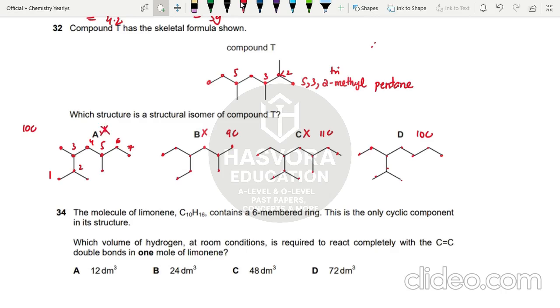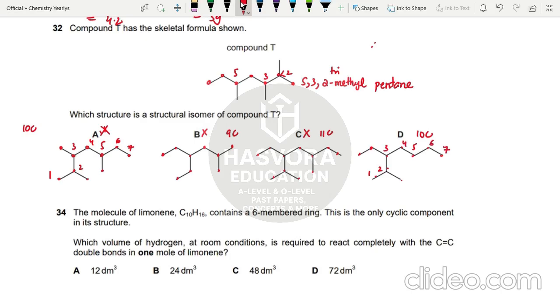Now let's check for the D. It is 1, 2, it has the methyl chain on the second one, then the third one, then the fourth, then the fifth, then the sixth and the seventh. It also has one on the third one, but it does not have a chain on the fifth one.